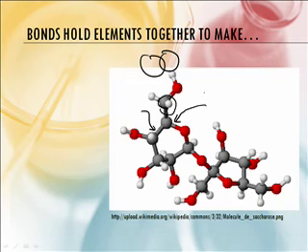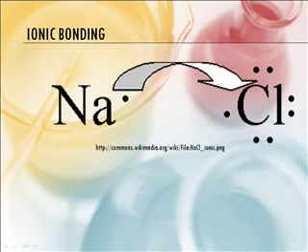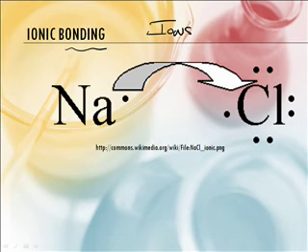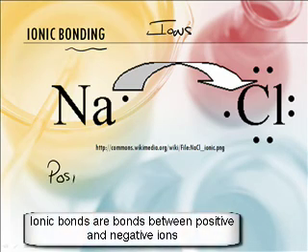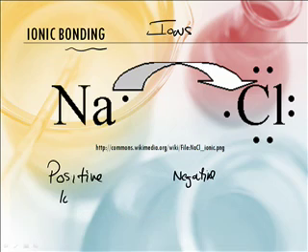The key thing is we're going to talk about the different varieties of bonds in chemistry. All right, so let's start with ionic bond. There are three types we're going to talk about. The first one is ionic, and in an ionic bond, we produce ions. And ions have positive and negative charges. In order for something to get a positive charge, it has to lose an electron, and for something to get a negative charge, it has to gain an electron.